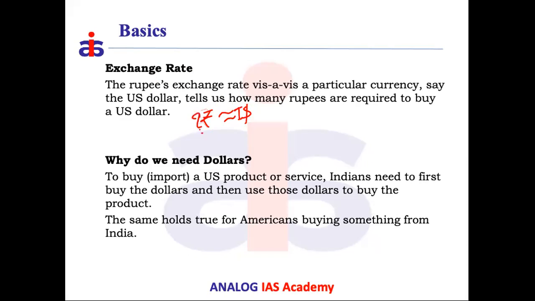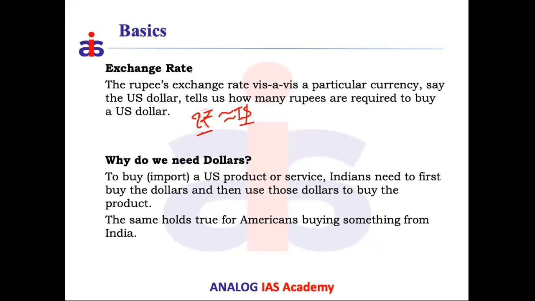If the value is equal, then $1 is equal to 1 rupee. If the dollar and rupee values are not equal, then obviously you need to give more of one currency to get 1 unit of another currency, right? So how many rupees are equal to $1 is called the exchange rate.